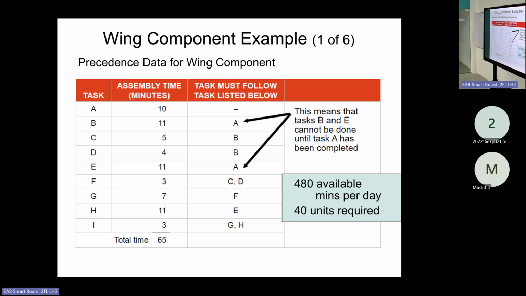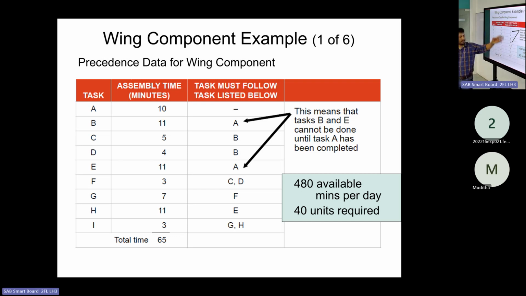The assembly line for that part has this number of tasks, A to I. And these are the task times for each task: 10 minutes for task A, 11 minutes for task B, likewise. So the total task time is 65 minutes. To assemble this wing component takes 65 minutes.